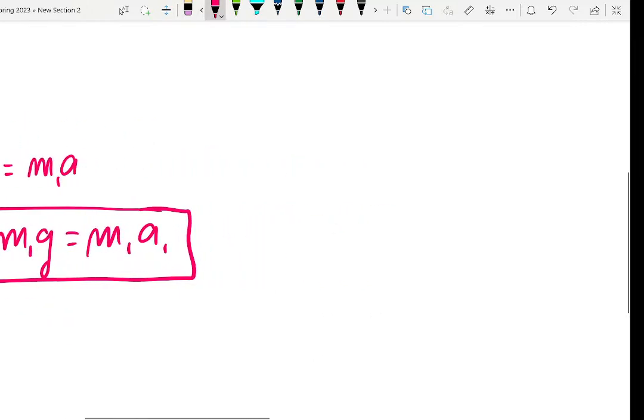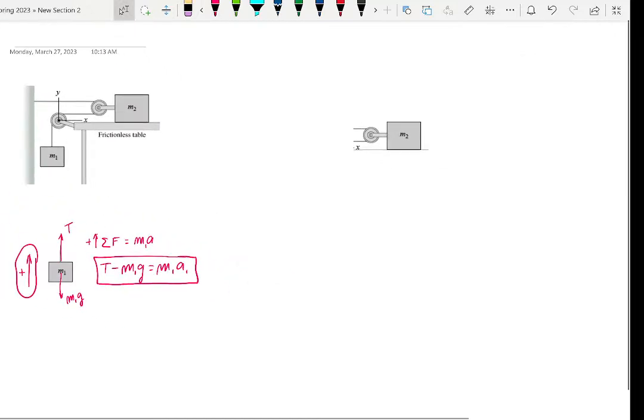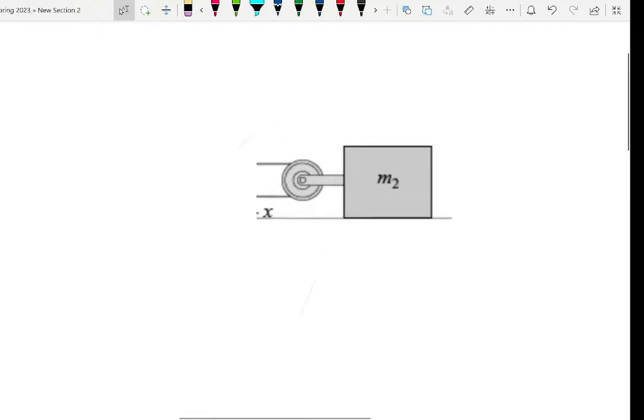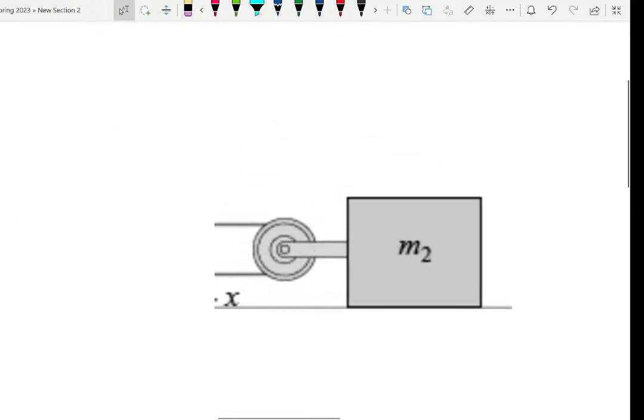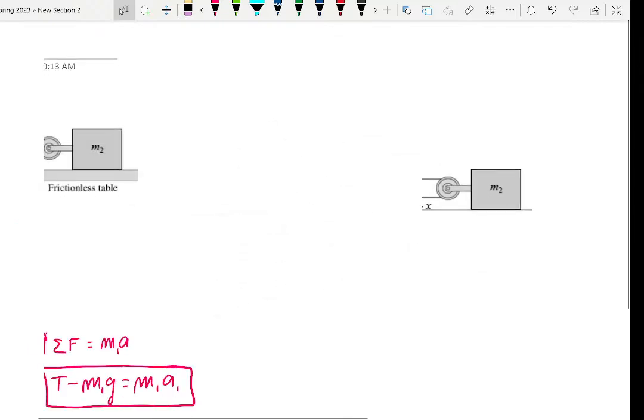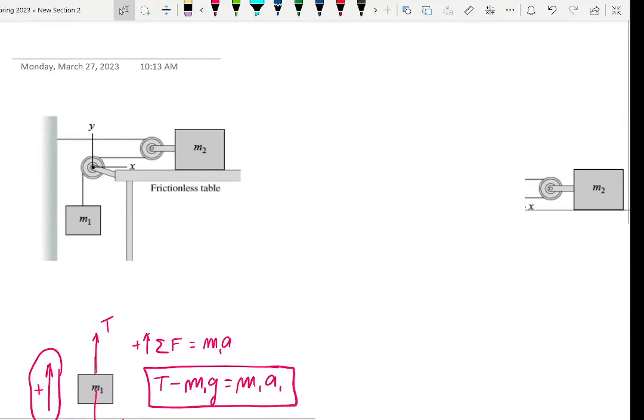And then if you come over to this one, and I don't know if he implied this or not, but these two pulleys have no mass.